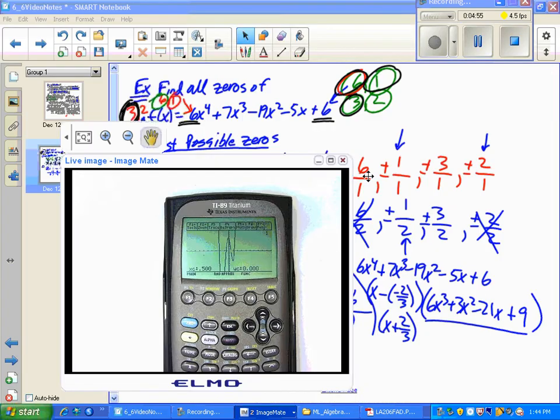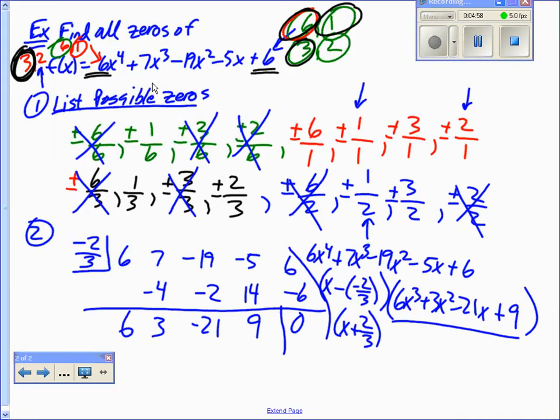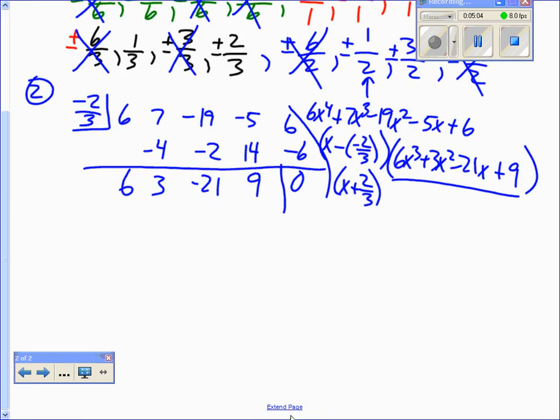So now I can use a half. I know x minus a half is a factor of this, isn't it? Well, it's a factor of the original quartic equation, but I also know that it'll factor out of this cubic, 6x cubed plus 3x squared minus 21x plus 9.